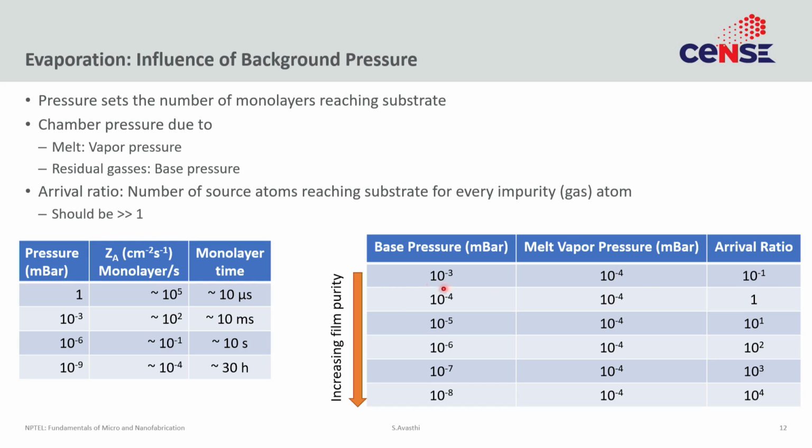So you cannot do evaporation at low pressure conditions, right, under low vacuum conditions. You need the high vacuum, because only when you get to -6 do you actually have an arrival ratio of around 100 or 1000, which is coming close to the 99.9 type purity that you are seeking. This also highlights why it's very hard to get device quality material through evaporation.